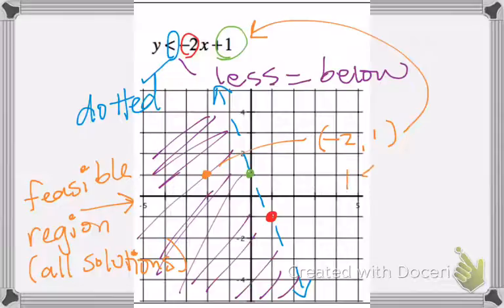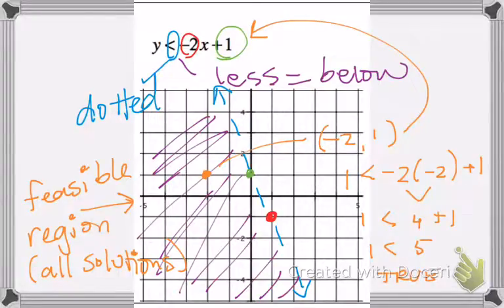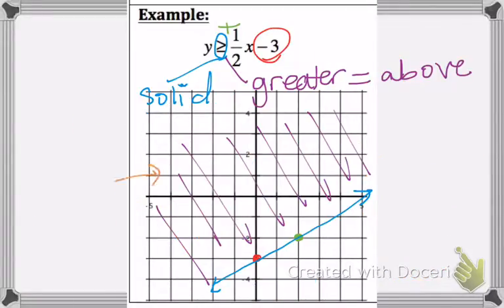So 1 is less than -2, plug in the -2, and then +1. So this is 4 + 1, and 1 is indeed less than 5. So this is true. And so this is the true region. Same thing when we go back to this one. Here's my feasible region.